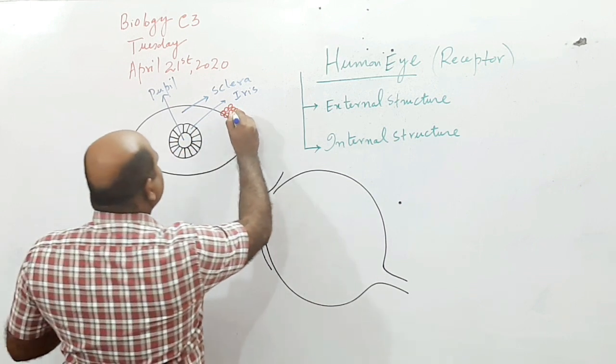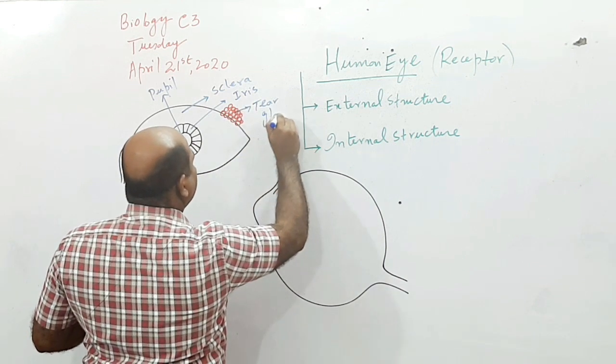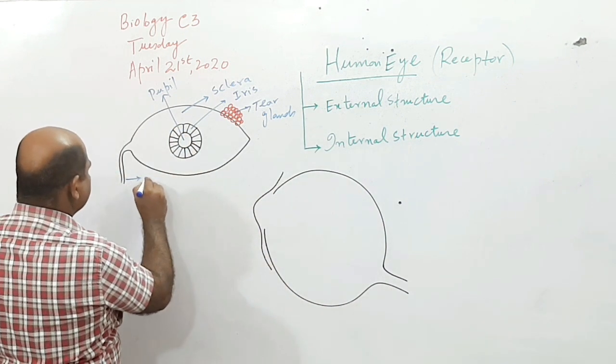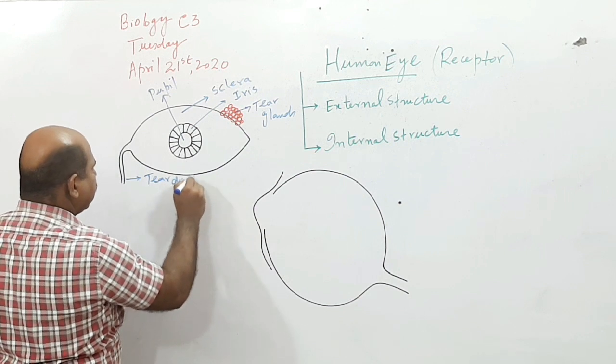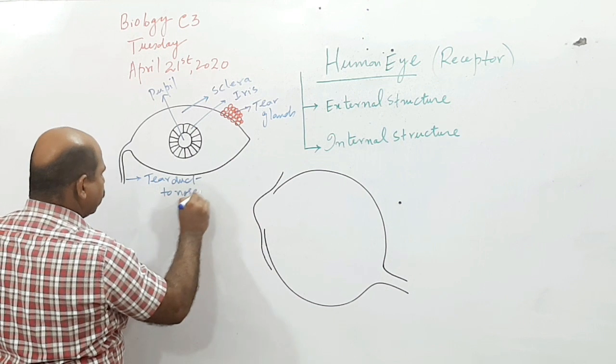And you can see these are called the tear glands. And here you can also see this structure, which is known as the tear duct, and this tear duct is going to the nose.